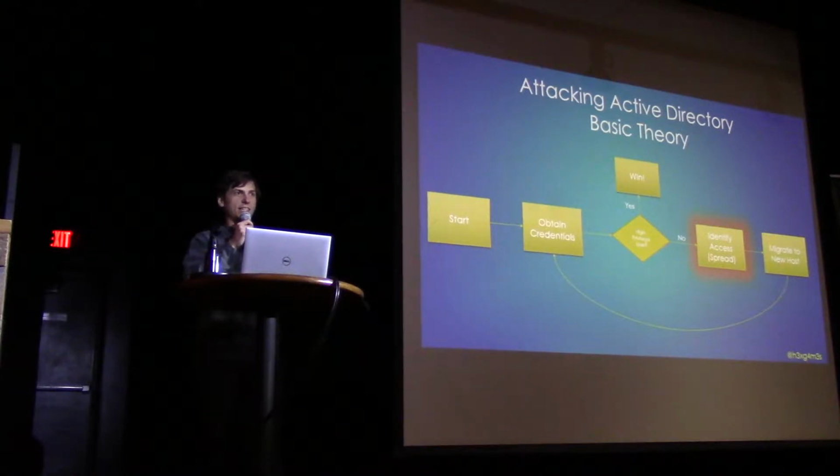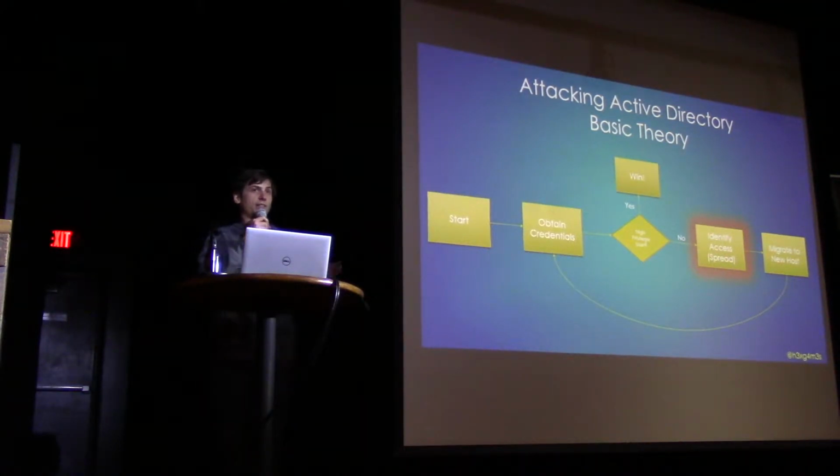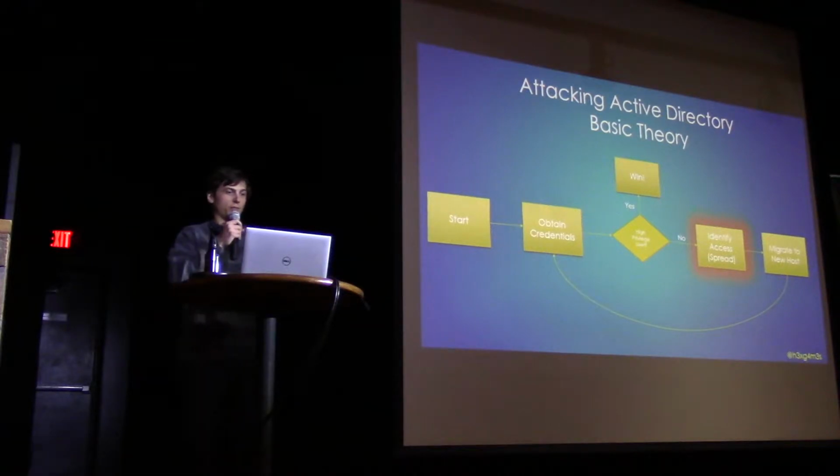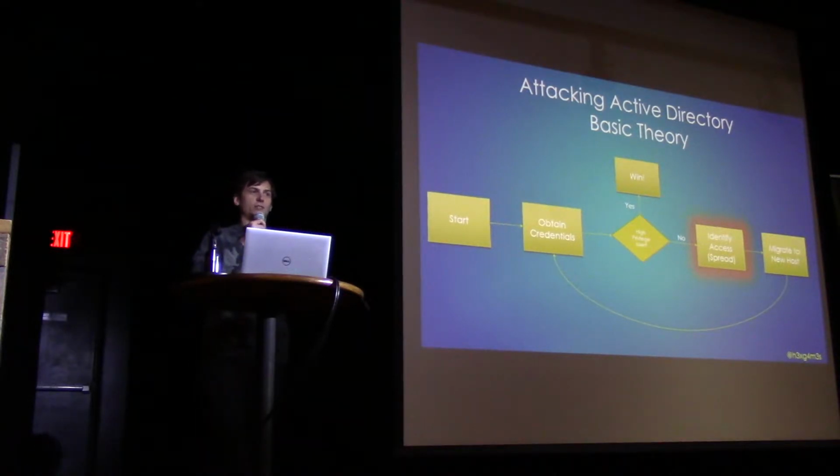Once we get inside, we've got creds, we look like a normal user. Then we start branching out and see where that user can go. We identify where our access is, and then we try to migrate to where that user can go and obtain more credentials. We keep looping through that until we find our high privilege domain admin credentials or something close to it. That was the basic theory talk.